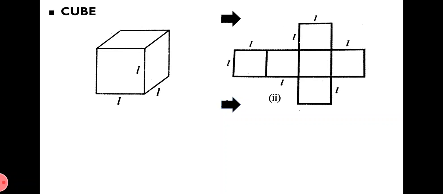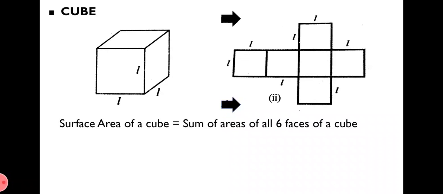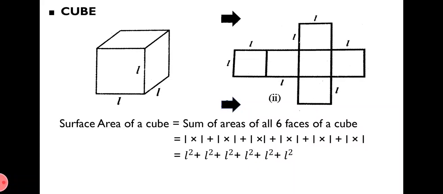Because we know that the area of a square is equal to length into length, or side into side. So let's derive the formula of surface area of a cube. Therefore surface area of a cube equals the sum of areas of all 6 faces of a cube, that is L into L plus L into L plus L into L plus L into L plus L into L plus L into L. For 6 square faces we have 6 times L into L, that is L square plus L square plus L square plus L square plus L square plus L square.